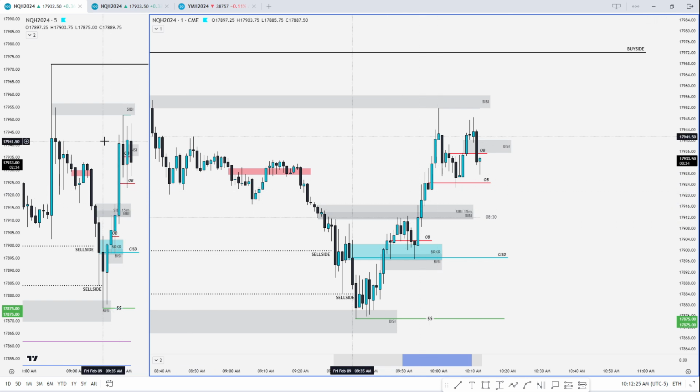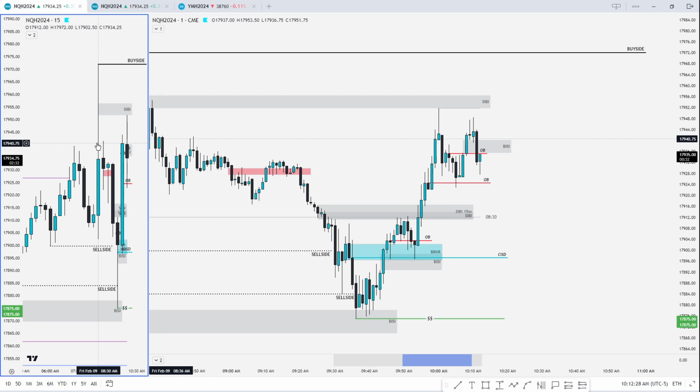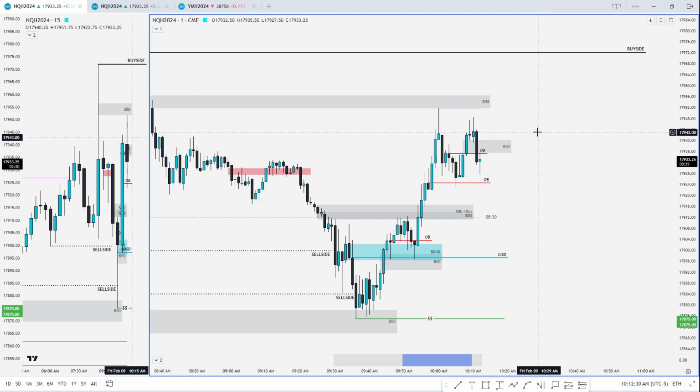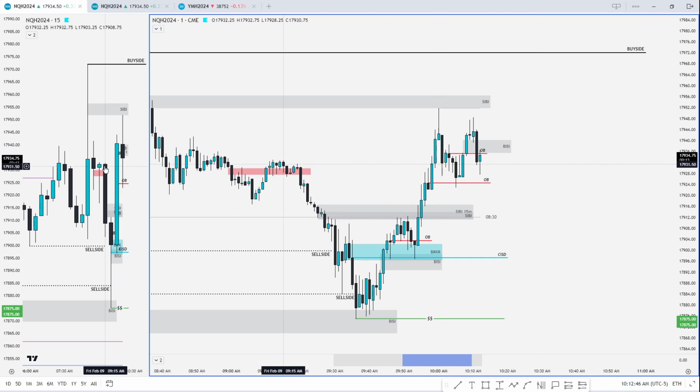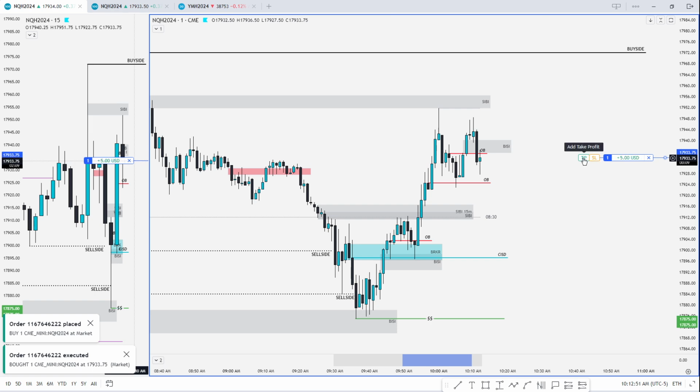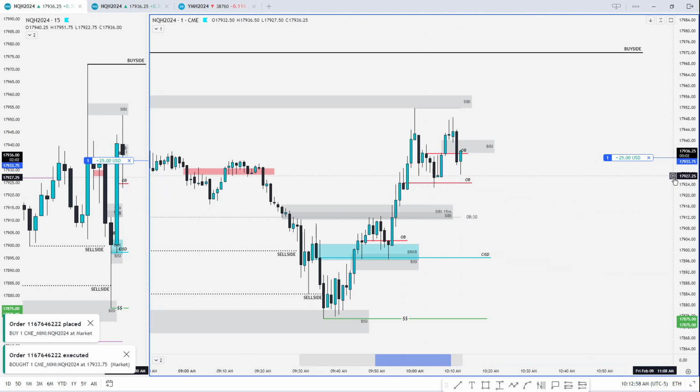So the 5 minute gap here's holding. See the 15. Could see expansion.